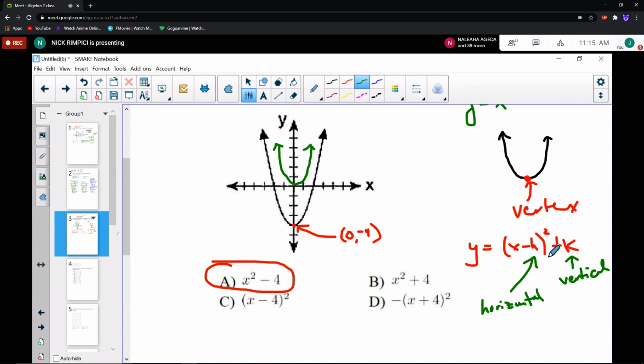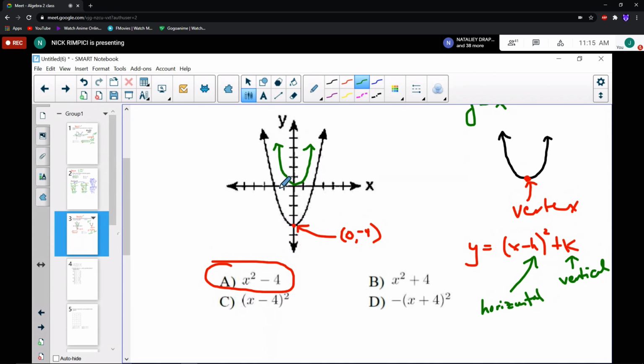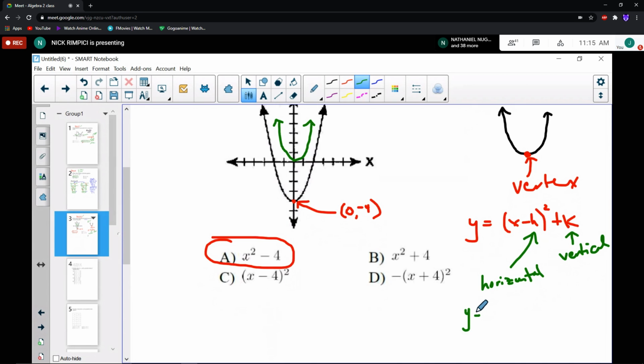So for those of you who want to use the equation, this graph is not shifted horizontally at all. It is not moved left or right. It's just moved down only. So the horizontal change is 0. It's not shifted horizontally. So x minus 0 squared, because it's not moved left or right at all.